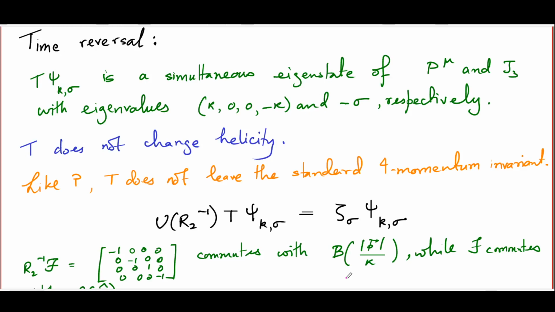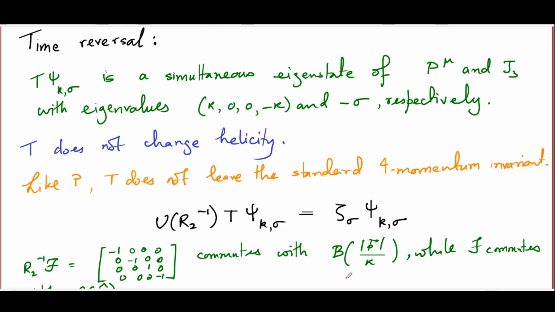That's what a rotation about the y-axis by 180 degrees will do. But it also changes the minus sigma component for J3 back to plus sigma. So U R2 inverse T psi k sigma is essentially psi k sigma with a possible overall factor zeta sigma. Once again, the question about how zeta sigma changes or whether it does not change with sigma is not really very important, because for massless particles, you don't really have a multiplet of different sigma values.